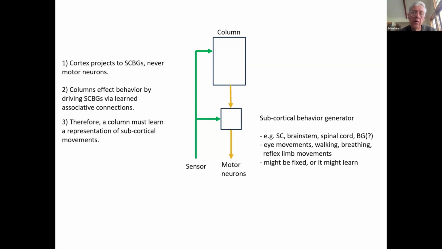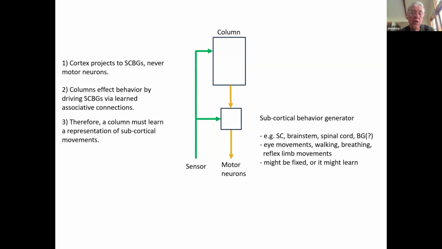The idea is that the columns, or learning modules, in Monty can only affect behavior by driving these subcortical behavior generators, which are much more specific, body-specific types of things. We have a general system, this cortical column, driving a specific thing, and the column doesn't know what that specific thing is.